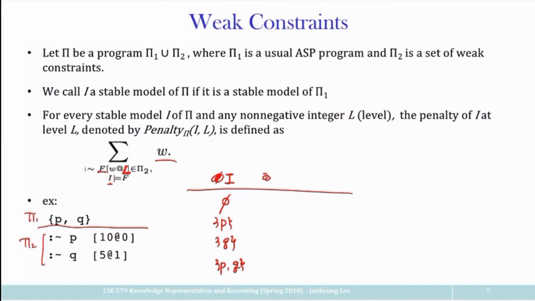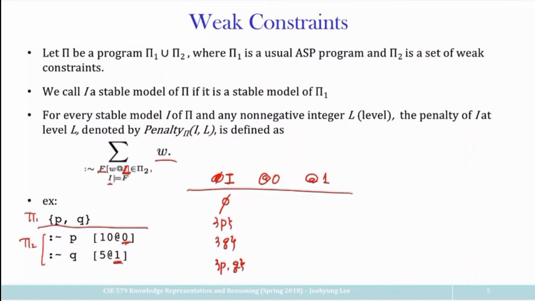So penalty at level 0, because this constraint has level 0. This one is level 1. So there are actually 2 different weak constraints. Okay, so let's compute this together.